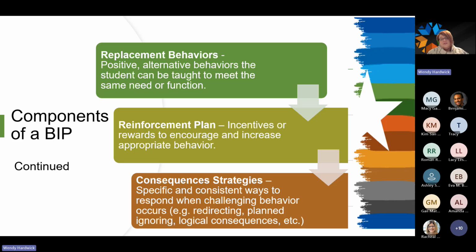Sometimes that is remaining in their seats, but depending on what the function of that behavior is, the student might need that outlet of standing up and moving around. So can we teach the student to go to a specific spot in the classroom, the back of the classroom, or we can tape off a square somewhere, where when that student needs that outlet, they can go there. It's not as disruptive to the learning, and it's a replacement for the behavior that is.